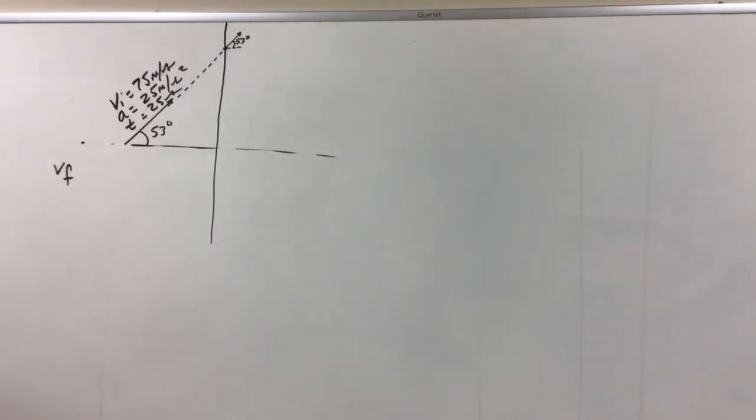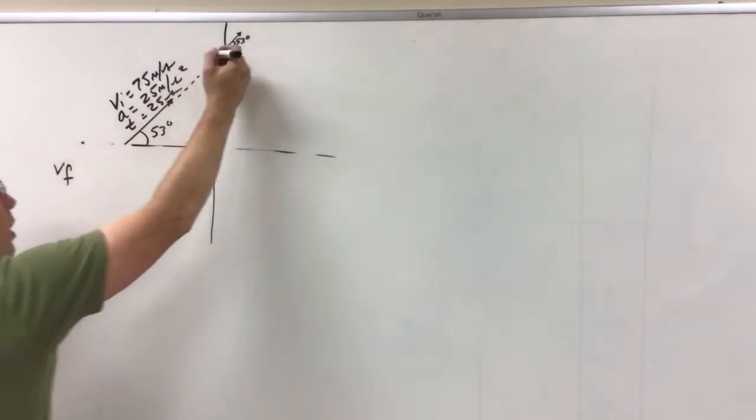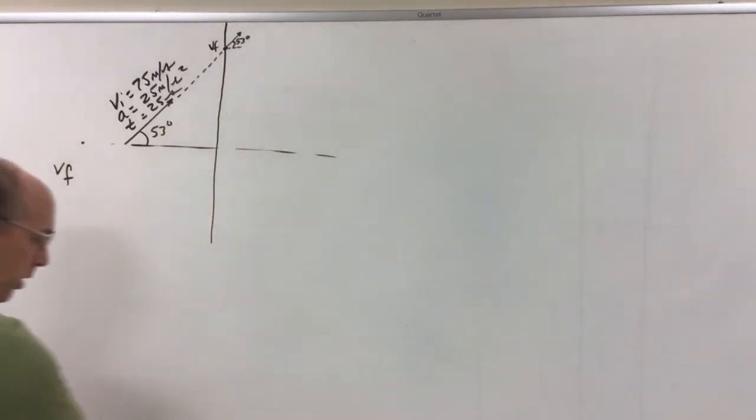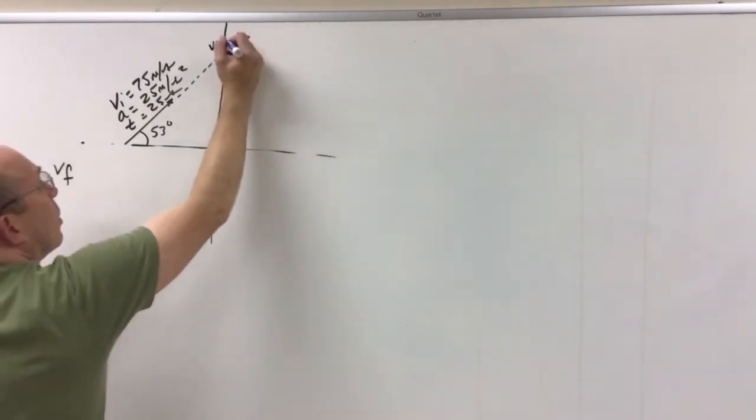For this second portion of the motion, gravity is the only accelerating force. The engines no longer apply any kind of force to it. Therefore, the final velocity at this point becomes the initial velocity for this next segment.